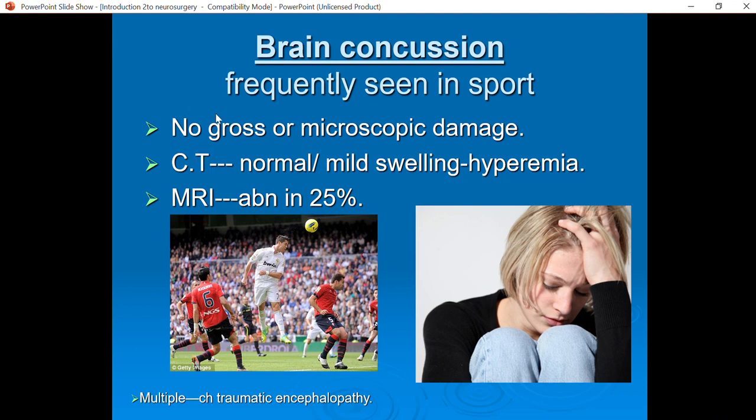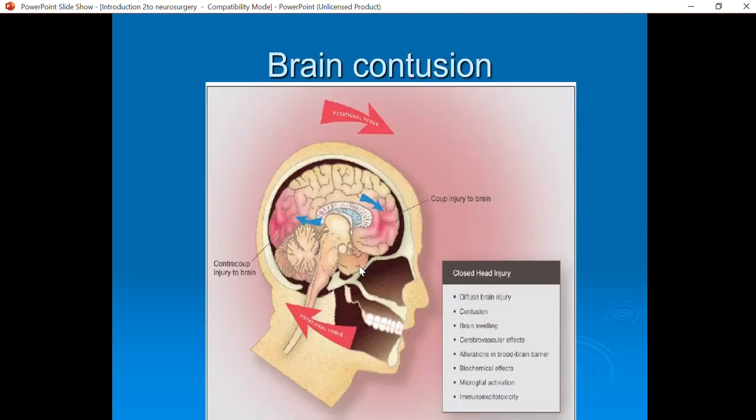Brain CT and MRI are usually normal. But remember, if there are multiple brain concussions on the same day or in a short period, then it will be converted to chronic traumatic encephalopathy, as you notice in boxers. Okay. The brain contusion is different.